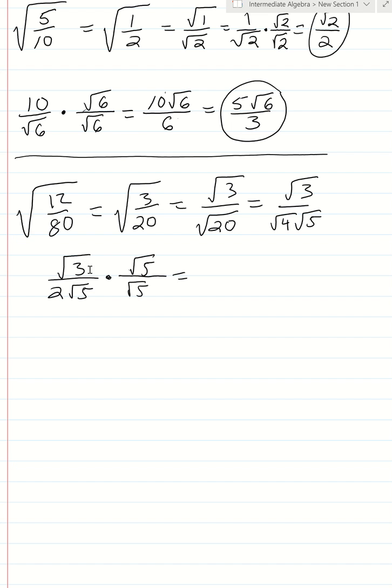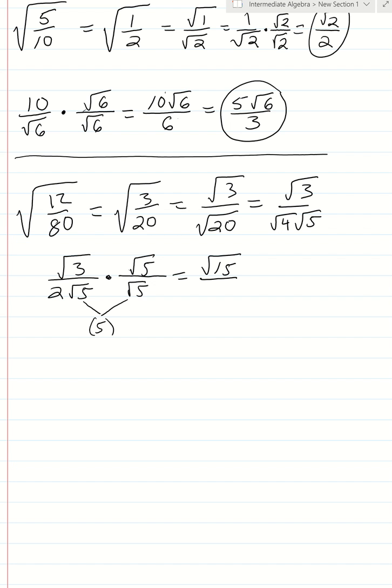Let's see what this is going to give us now. When we multiply the square root of 3 times the square root of 5, we get the square root of 15. Let's take a look at what's happening now here in the denominator. I have the number 2, and then I have this square root of 5 being multiplied with this square root of 5. Well, the square root of 5 times the square root of 5 is just 5.